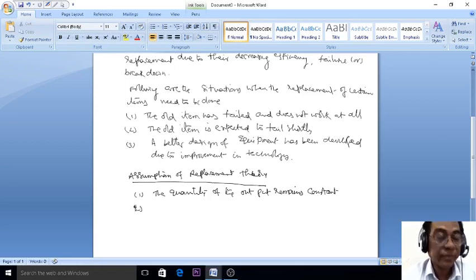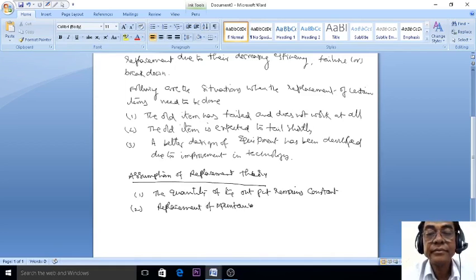Second, the maintenance cost remains constant.